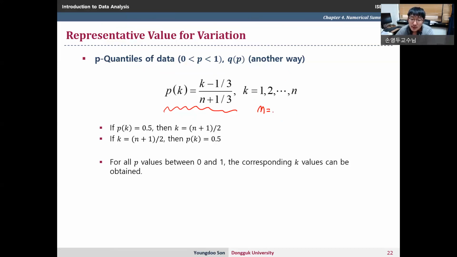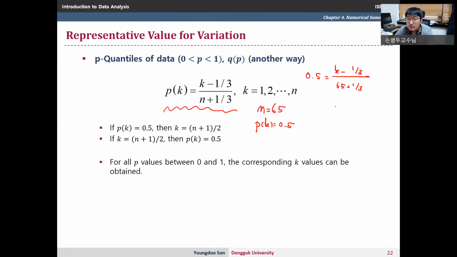We put 65 into the n, and so the pk is 0.5. Then 0.5 equals (k minus 1/3) over (65 plus 1/3).